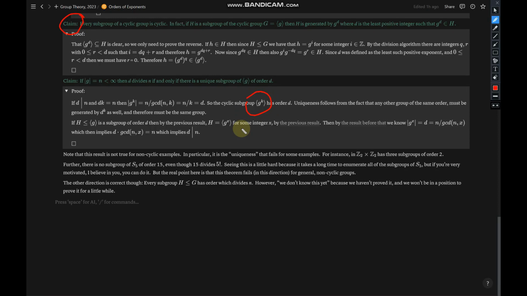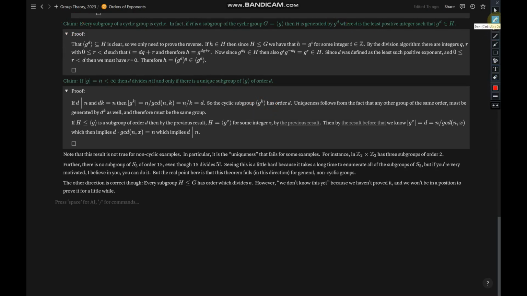We know that this other group must therefore be generated by some g to the d, where d is the minimal exponent of g contained within h. Now, apply the main result of this whole video to argue that g to the d is the same as g to the k, by looking at these equations for their orders and the order of the group and so on. Anyway, that's the short version of the argument.